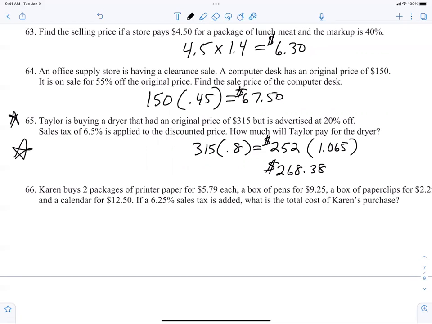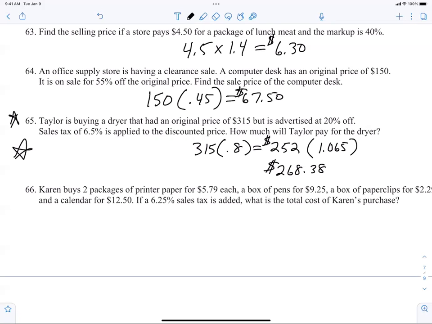So when it comes to discount, you don't have a warning time. No, because think about it. Normally you pay 100, you get 20% off. So that means instead of paying 100%, you only have to pay 80%. But every time it says sales tax, you have to add to 100% because you have to pay it.